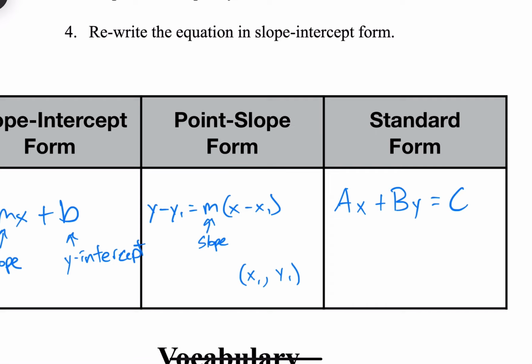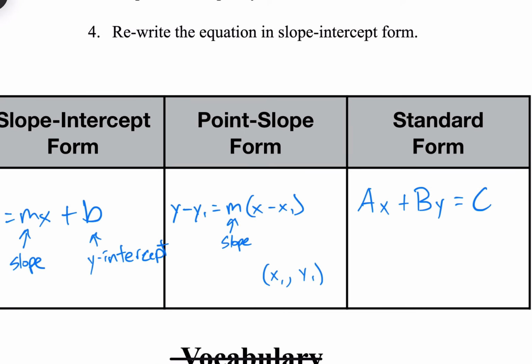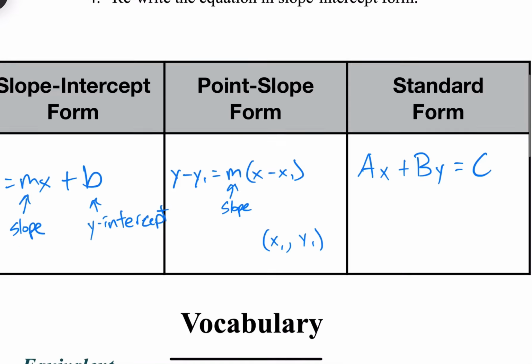What does that all come out to? Okay. So that's when we would use standard form. Like I said, it's a little complicated because it's very different than the other two, but we'll go more in depth on standard form later. We can still take it and convert it back to slope-intercept form, and I'll show you how to do that here in this lesson.